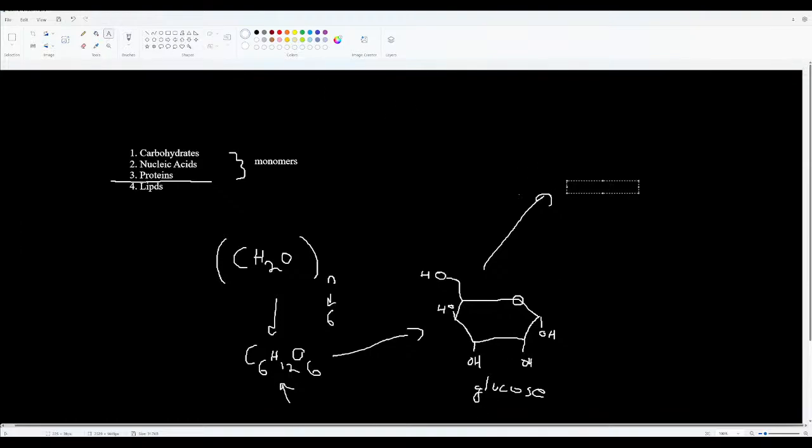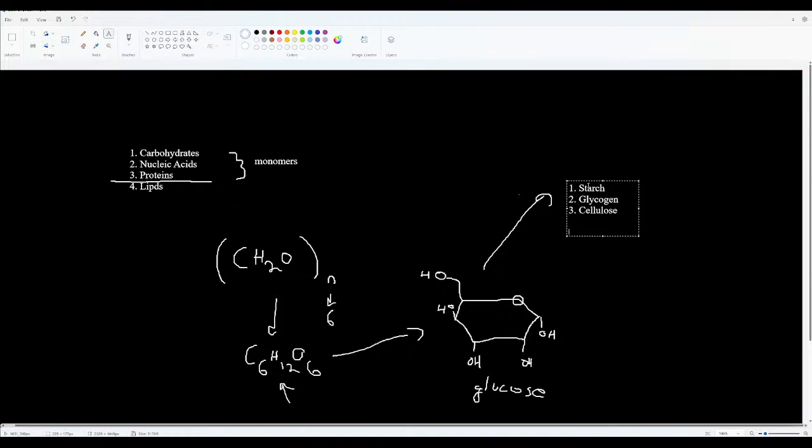We can get three types of molecules, three types of sugars, and that is starch, glycogen, and cellulose.